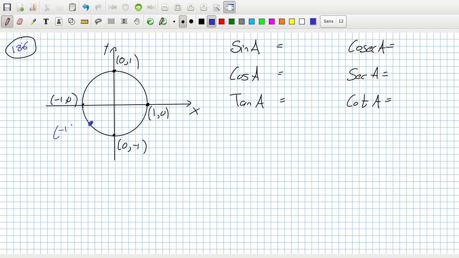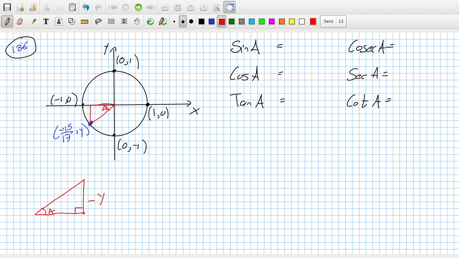This is at minus 15 over 17 y. So the triangle would be like here. If I just redraw that up here, that's A. So this side opposite is a length y. Although y is a negative, so its length would be minus y.